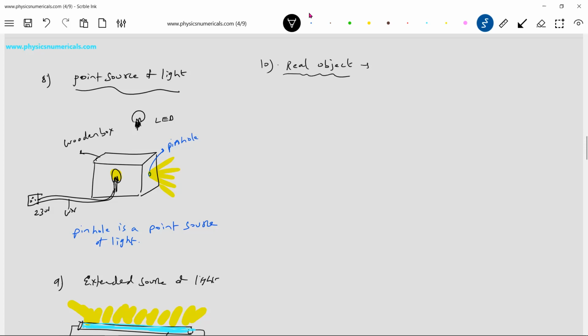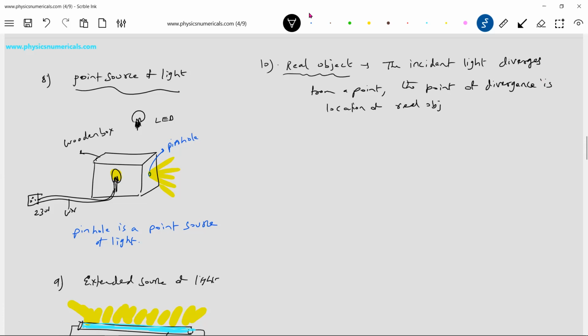So the incident beam: if the incident light diverges from a point, the point of divergence is the location of a real object. A good example is this LED bulb.